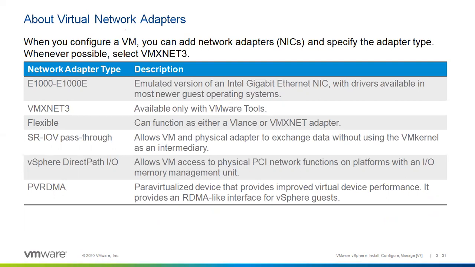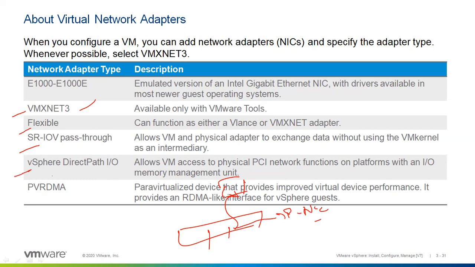Yeah, so these are the different network types available. Like E1000 and E1000E, then VMXNET3. Normally people use this one. Flexible, SR-IOV, where my NIC is mapped one-to-one to the physical NIC and it bypasses the virtual switch.